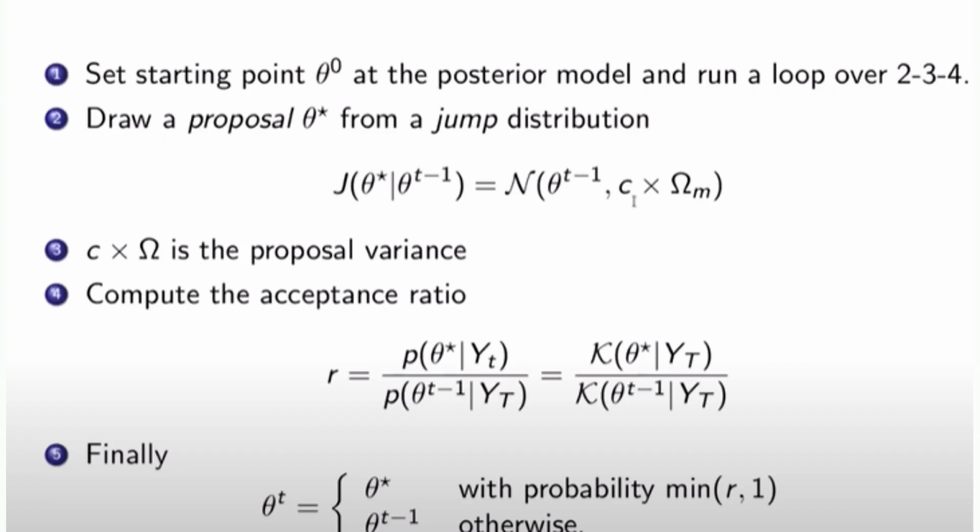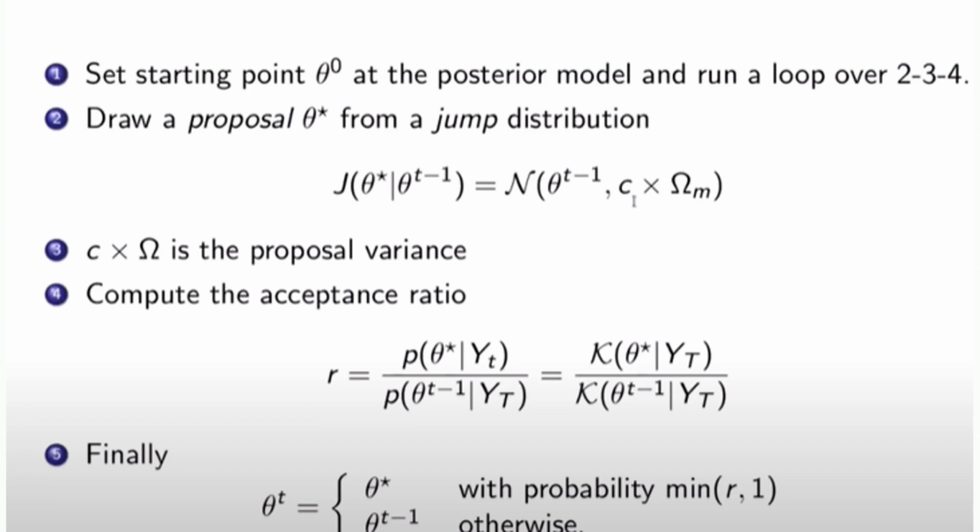In a nutshell, when we're using Metropolis-Hastings, which is to some extent the simpler and easier algorithm to simulate posteriors, we start at an arbitrary point theta 0, and then we loop over steps 2, 3, 4. So when we are at the point, we randomly draw a proposal for a new point theta star, and for that purpose we use what we call a jump distribution.